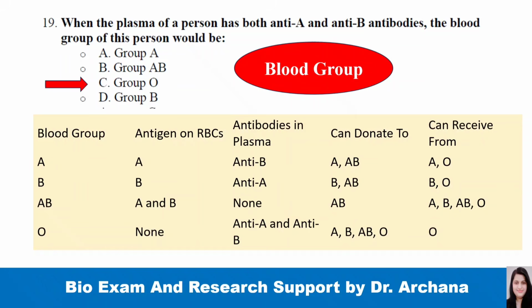We are talking about the antibodies in plasma. So here we can see that in case of O blood group, both antibodies A and B are present in the plasma. So it can donate to AB and O group and can receive from none. Okay. So the answer will be C, that is group O.